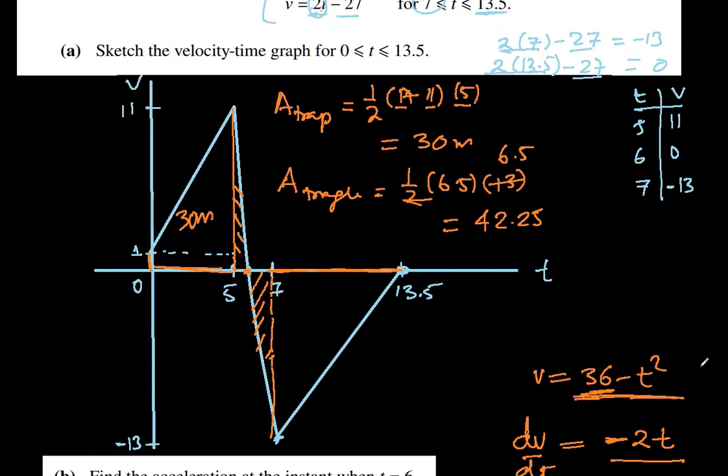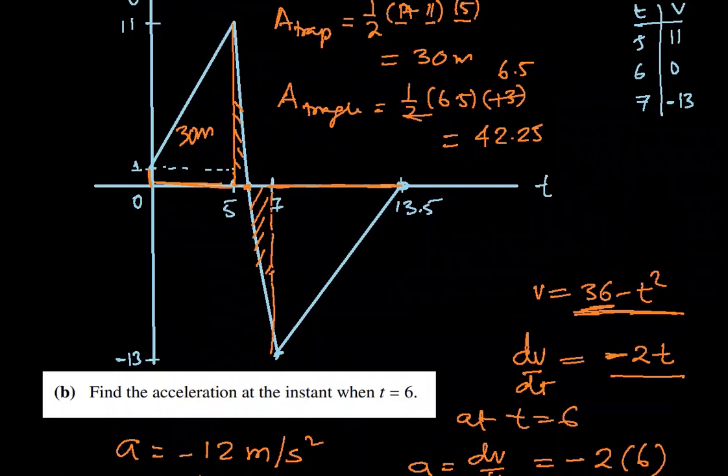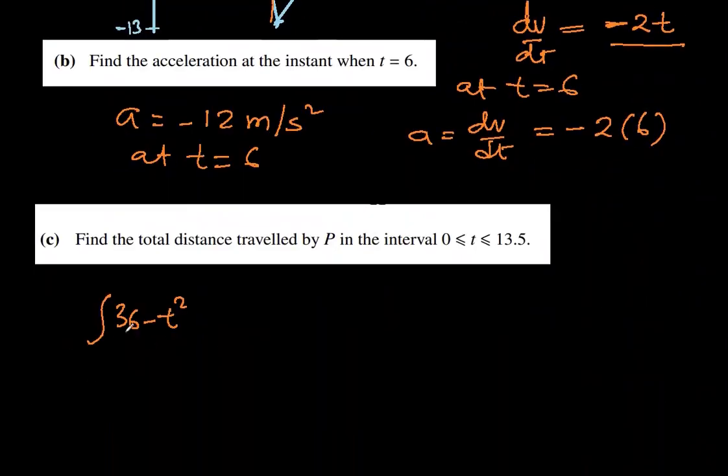Now left is this area and this small area, which we will find by integration of 36 minus t square. Let's do it. So integration of 36 minus t square, it will be from 5 to 6 and 6 to 7. So 5 to 6 dt plus 6 to 7, same curve again.